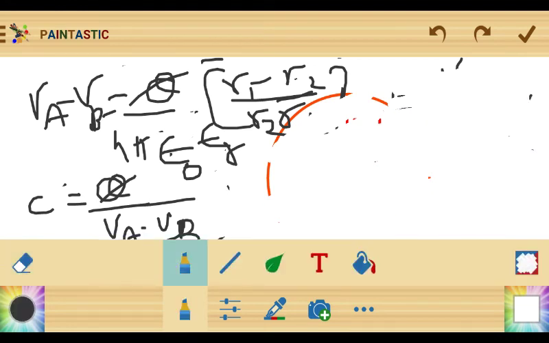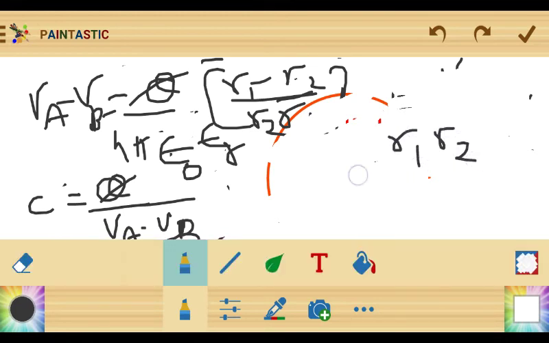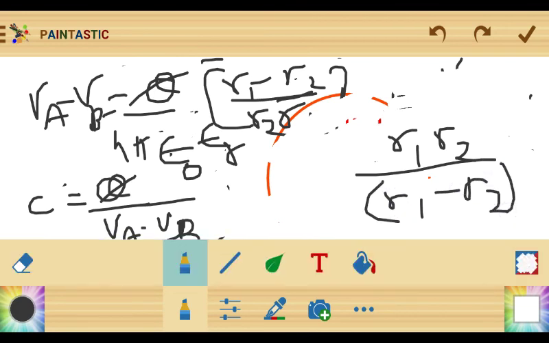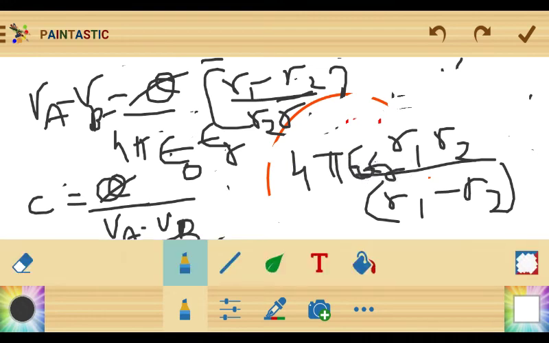So putting the value of Va minus Vb over here, r1 r2 will go up, r1 minus r2, and 4 pi epsilon 0 epsilon r also. So our answer will be 4 pi epsilon 0 epsilon r r1 r2 upon r1 minus r2 for a spherical capacitor.